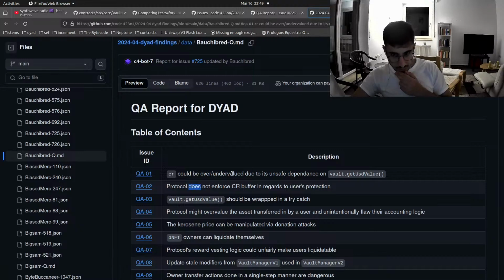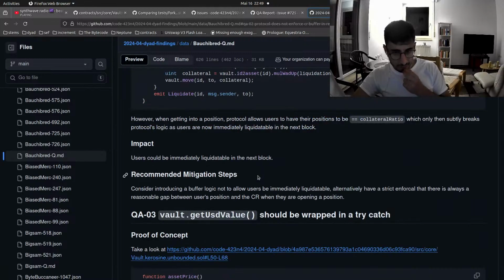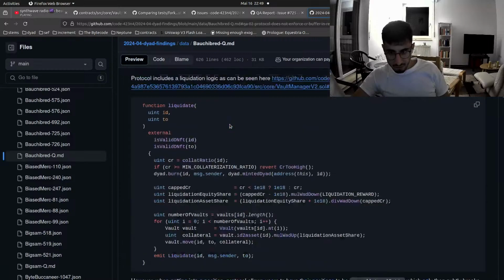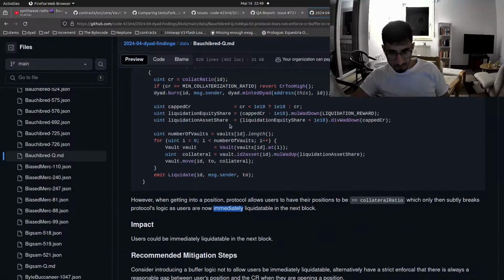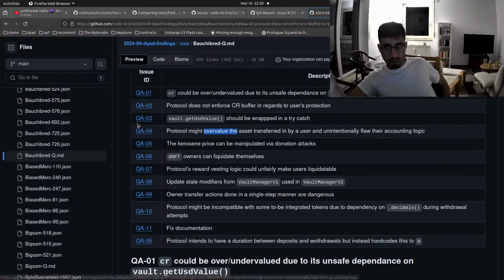Protocol does not enforce your buffer, you got to user protection. There's a user. Protocol might overvalue the assets determined by intent from their accounting logic.